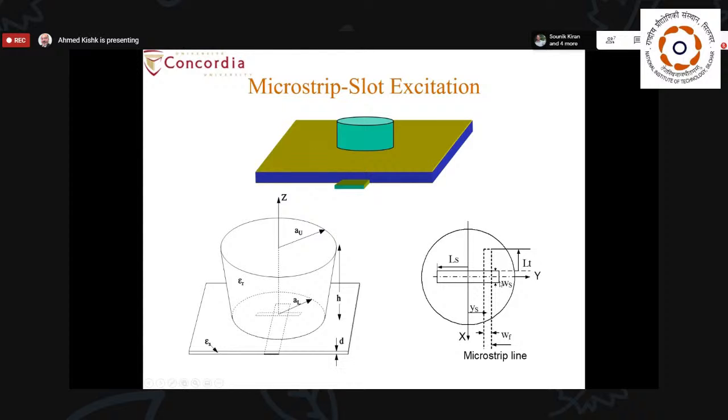So all of these are parameters that you can use to control the bandwidth. And always I say, if you know the Q factor of the resonator, that means you can have prior knowledge of what is the possible bandwidth that you can achieve from this dielectric resonator. But can you squeeze all this bandwidth? This will depend on how you excite these resonators, how you couple to these modes that give you this wide bandwidth.